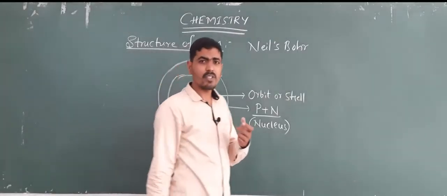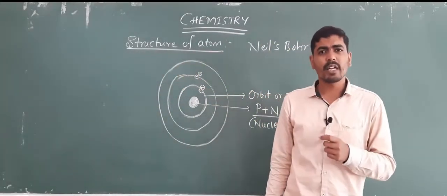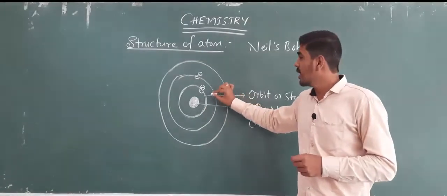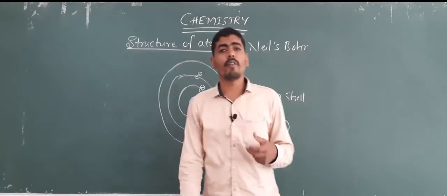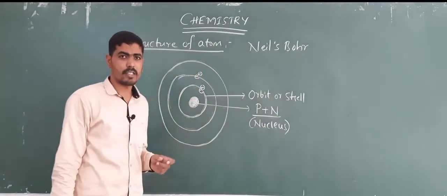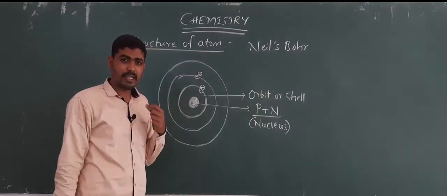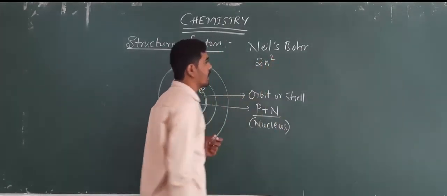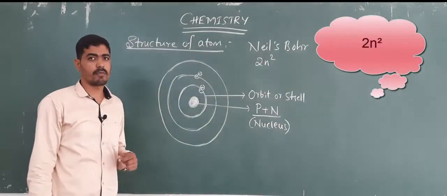Do all these orbits have the same number of electrons, or different numbers? In order to find that, Bohr has given one formula, that is 2n square.